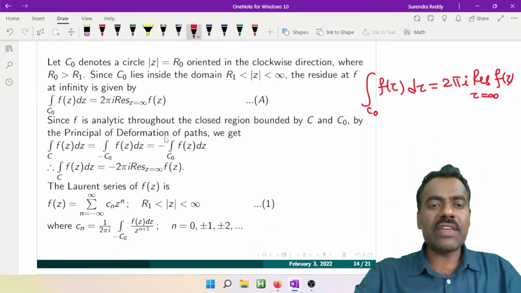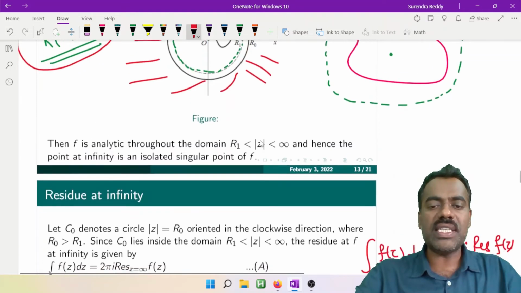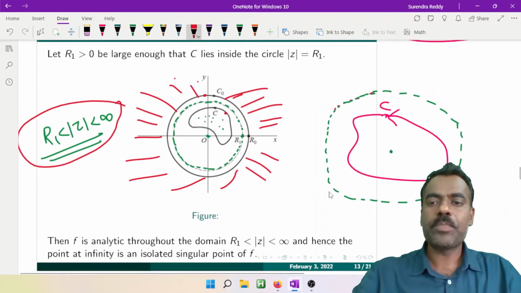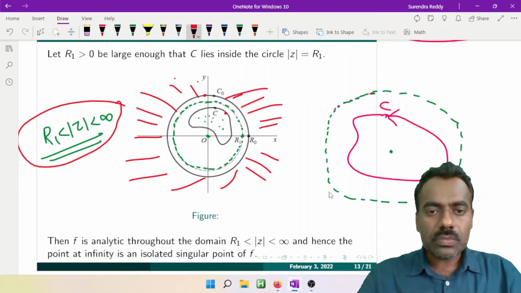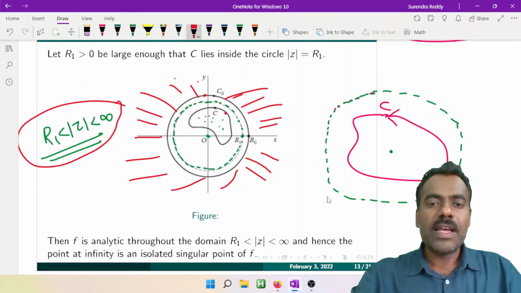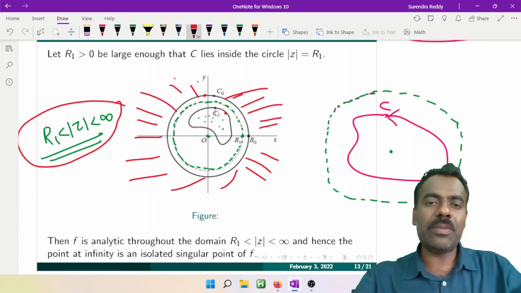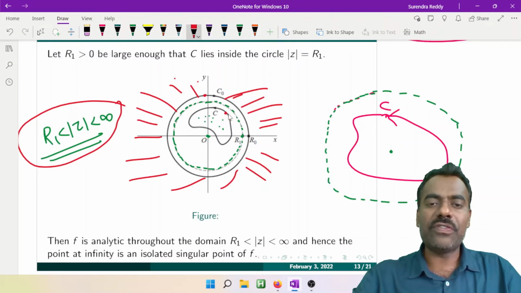Now again, as f is analytic throughout the closed region between C and C naught, this is our C and this is our C naught, and f is analytic everywhere in between. Therefore, by the deformation path result, the integration of f over C is the same as the integration of f over C naught.